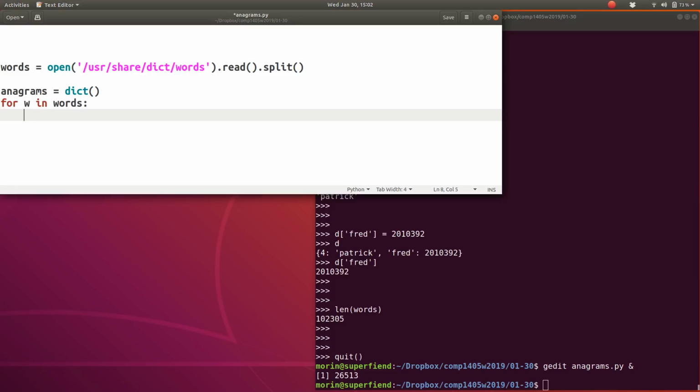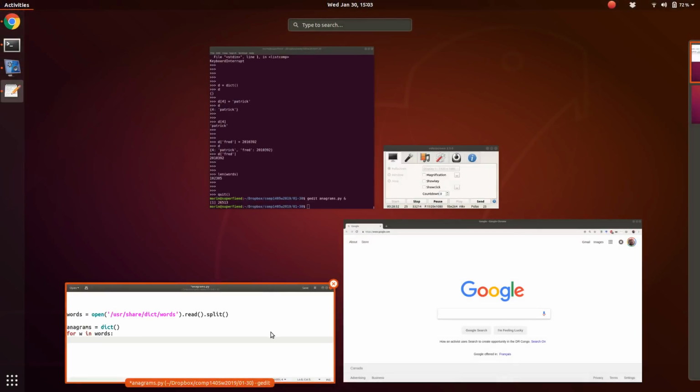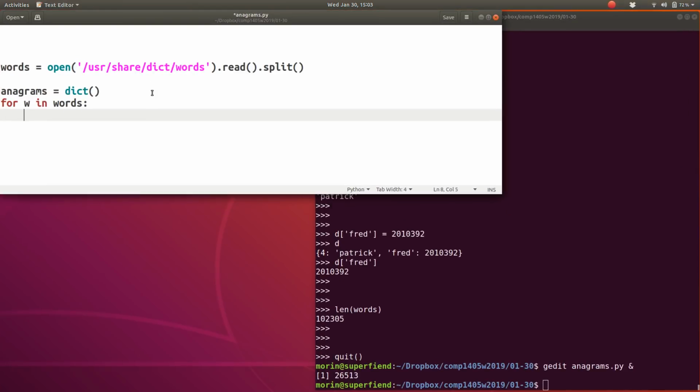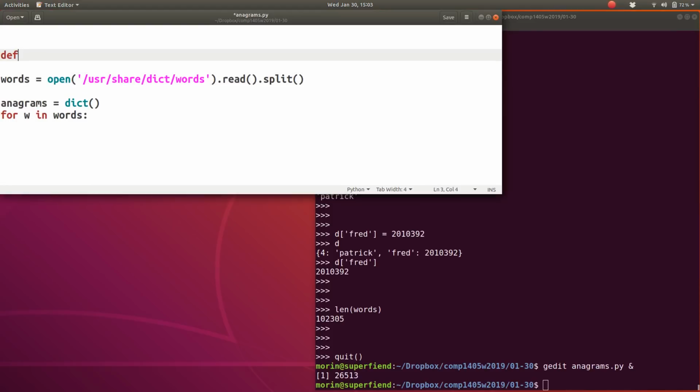So what we want is that all of the words in a group share the same, actually, multi-set of letters. So let's think about how we can do that. In particular, let's write a little function which we'll call canonical.